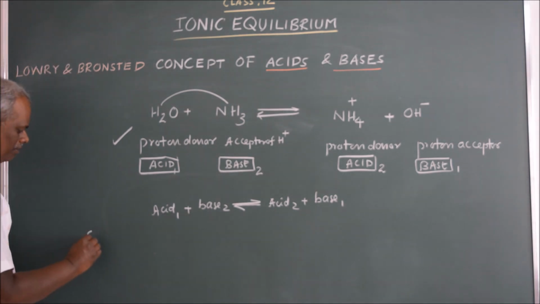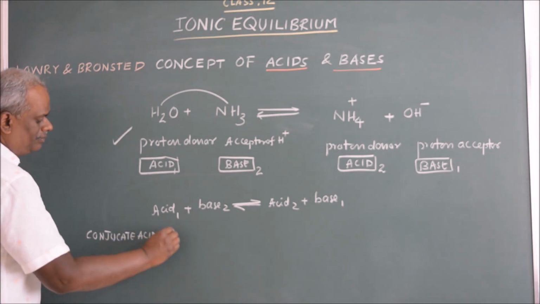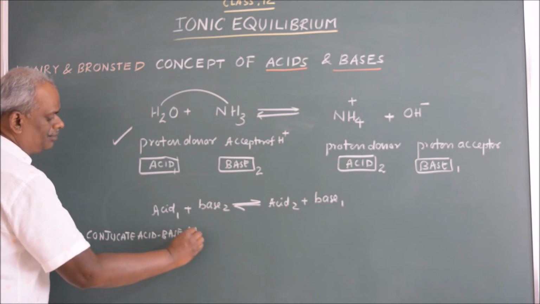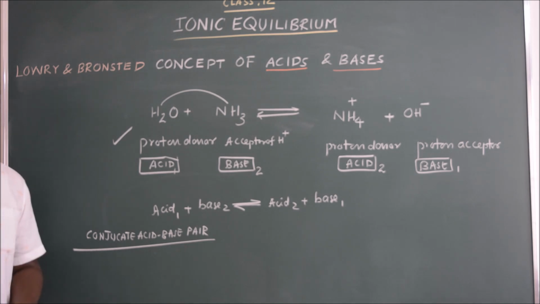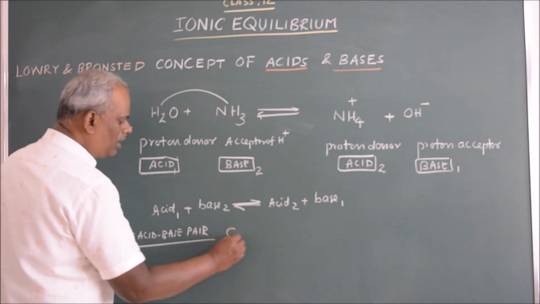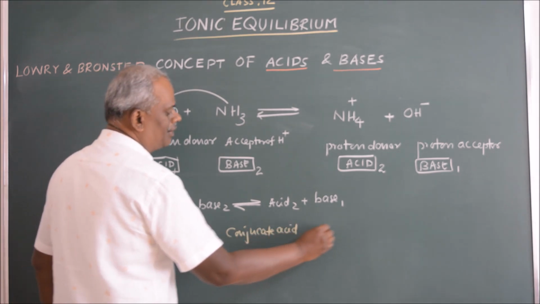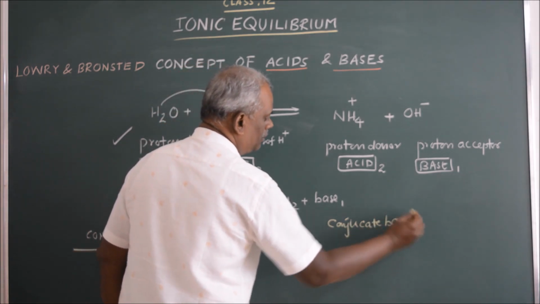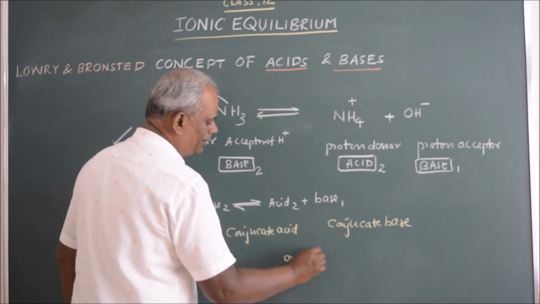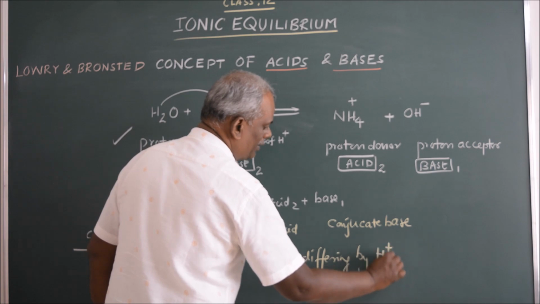We will try to find the meaning of conjugate acid-base pairs. How do you understand the conjugate acid-base pair combination? Always the conjugate acid and conjugate base are differing by the hydrogen plus.